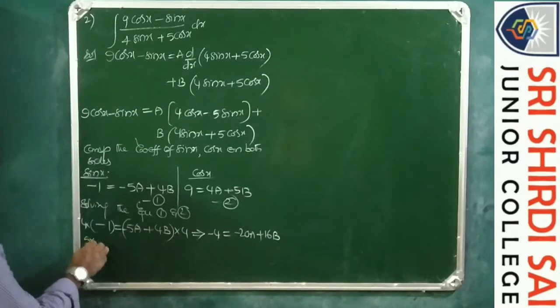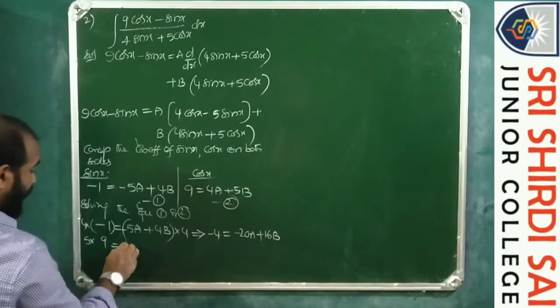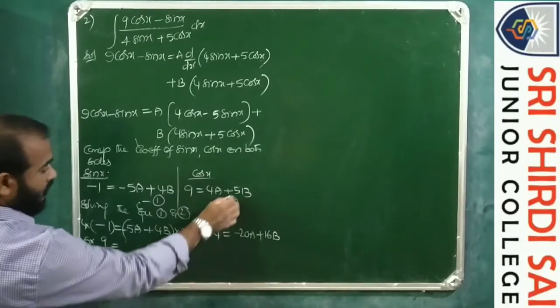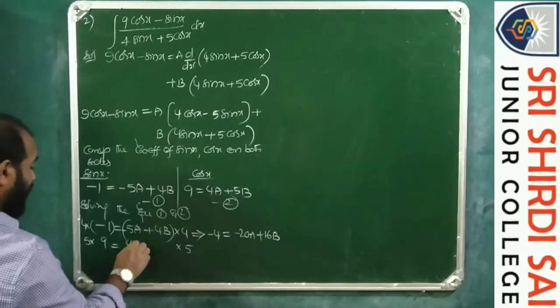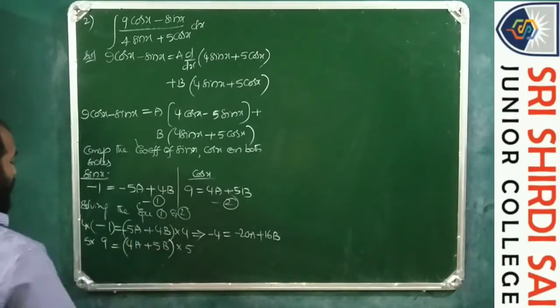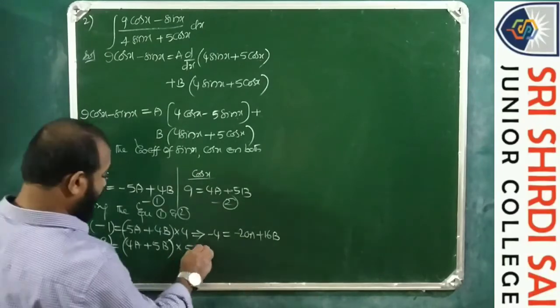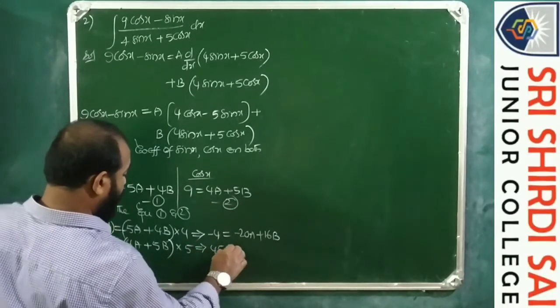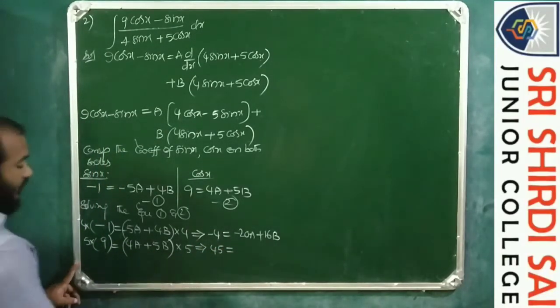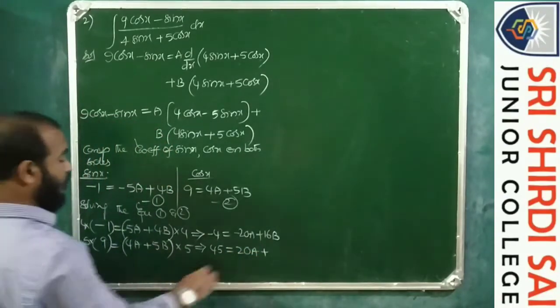So 5 into 9 is equals to 5 into this 4a plus 5b. So 5 9s are 45, 5 4s are 20a, 5 5s are 25b.